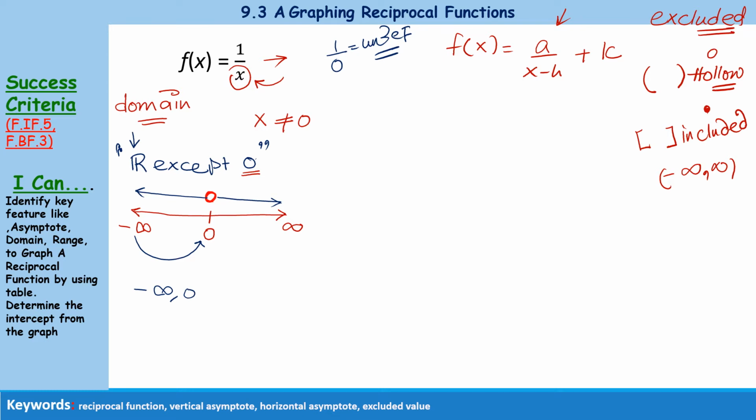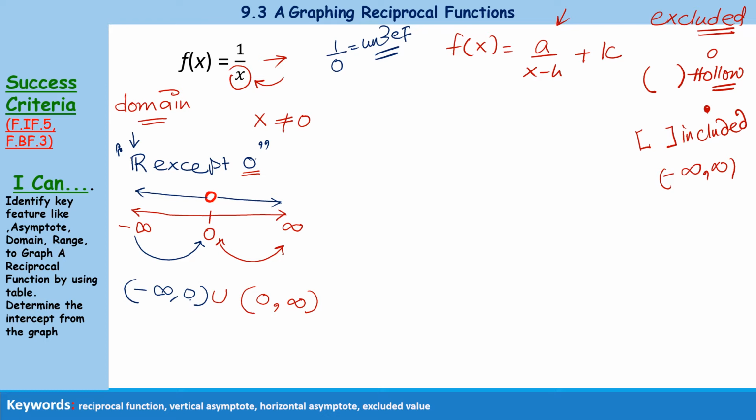On negative infinity always use the small bracket, and 0 is also excluded, so make a small bracket. Then write the union, or. After that, you have another interval from 0 to infinity, so write 0, comma, infinity. Infinity is excluded, so we make a small bracket, and 0 is excluded, so we make a small bracket. This is now your domain.